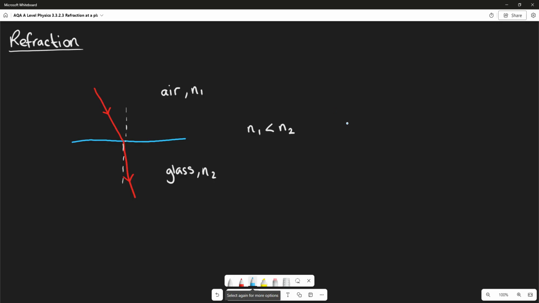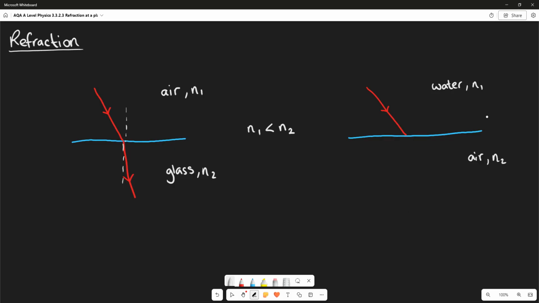If you have the opposite situation, there's our interface, here's our light ray. Let's imagine that we have water going into air, and this is N1 because it's where the light ray starts, and N2 is the second material that it goes into.